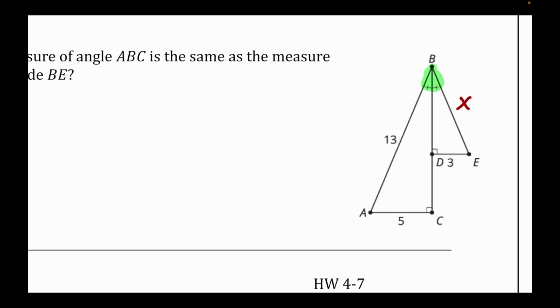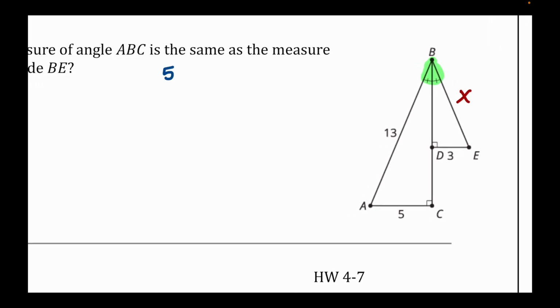So I will say that if I have 5 and 13, that should be the same ratio as 3 over x, because I am doing the leg over the hypotenuse, so that's my pattern here.